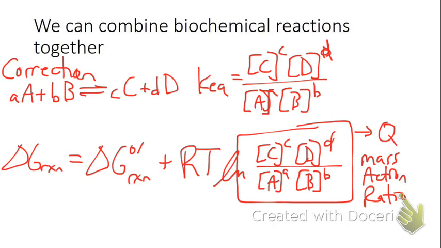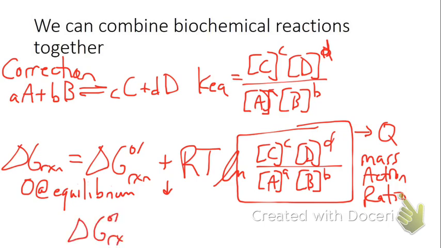Now, when the reactions in our body reach equilibrium, what's going to happen? Delta G of the reaction is 0 at equilibrium. So when that's the case, delta G naught prime of the reaction is equal to negative RT ln of the equilibrium constant, because we're at equilibrium.